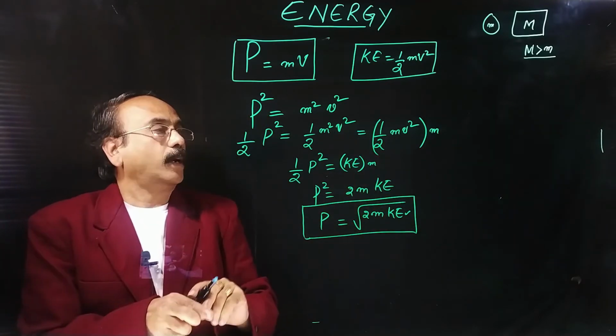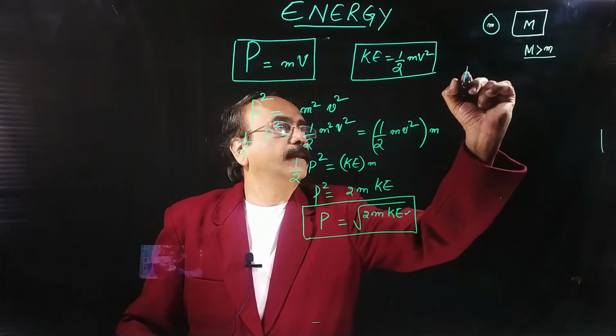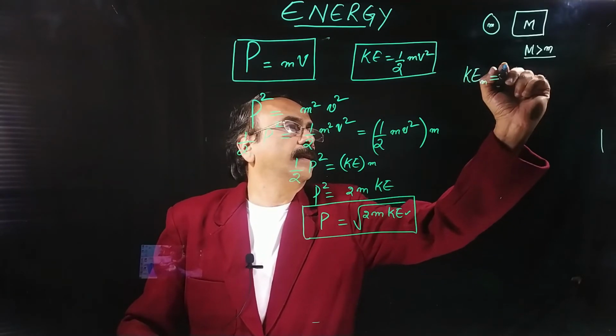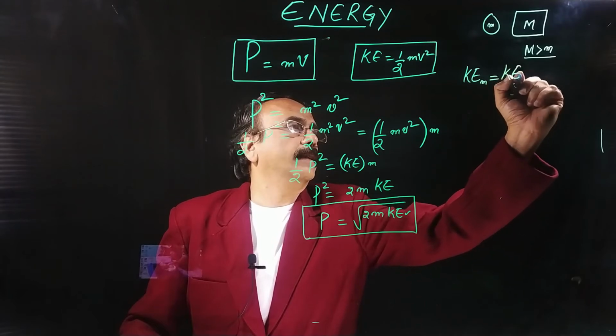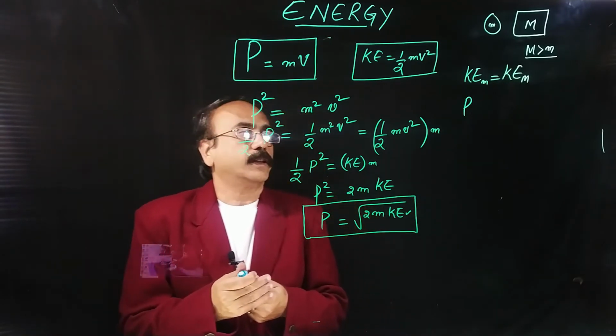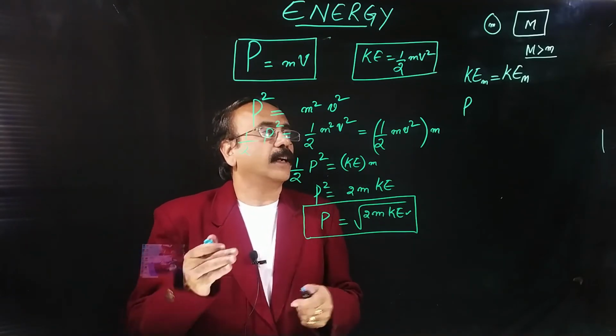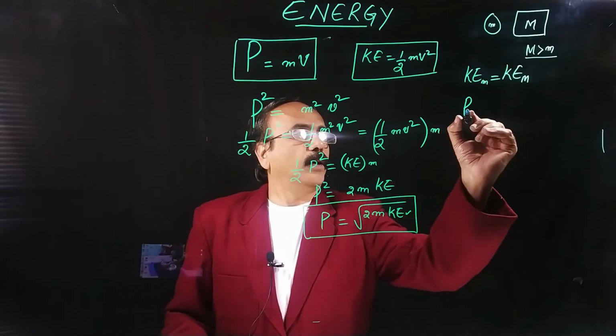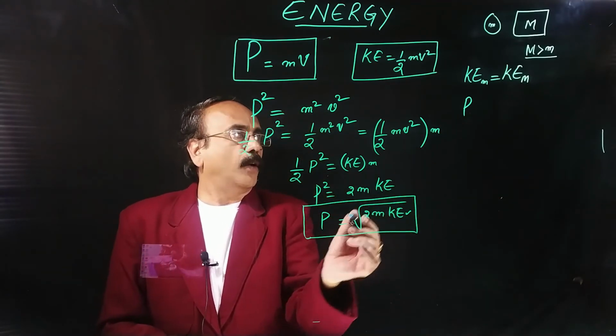Now what is given: the kinetic energy of the lighter mass is equal to the kinetic energy of the heavier mass. Again we will make use of the same formula.